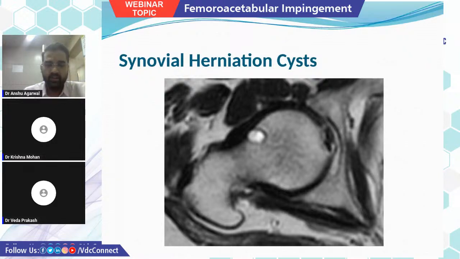It is a well-defined round-shaped lesion with low T1 and high T2 signal intensities. Usually, some intralesional fat is seen in the pits, and adjacent marrow edema may or may not be there. Initially, it was thought that these are incidental findings, but as we went deep into FAI, we found that they have a very strong association with FAI.